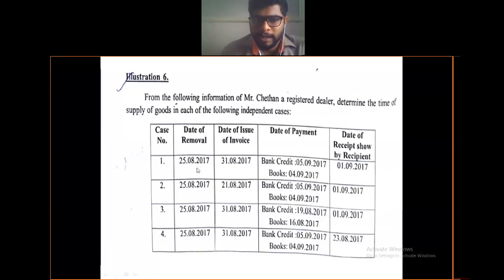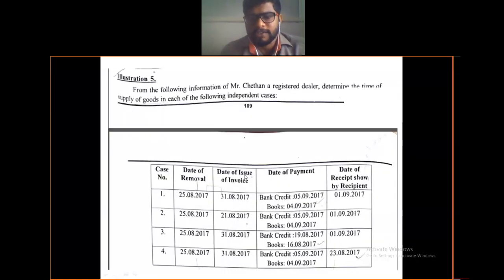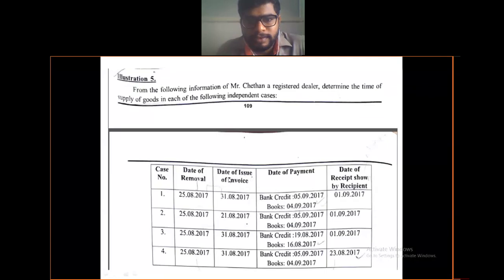First one, once again the same information is given. Date of removal 25th August. I think it is the same problem. Yes, problem number 5 as well as problem number 6, you can observe it is the same problem.